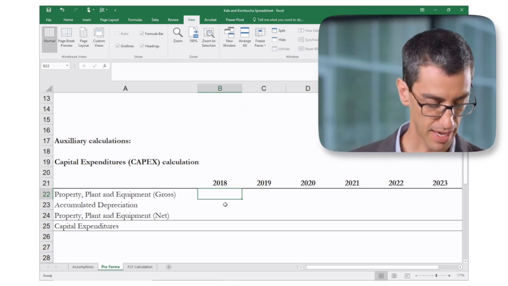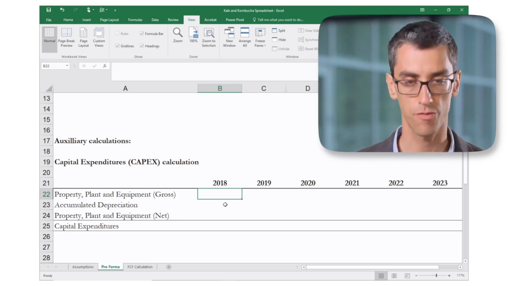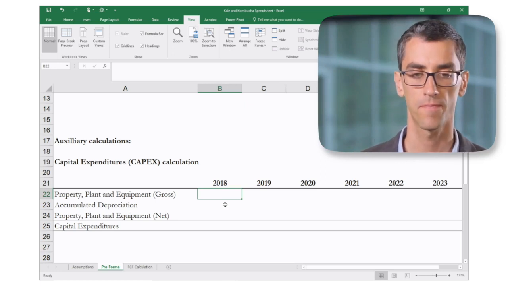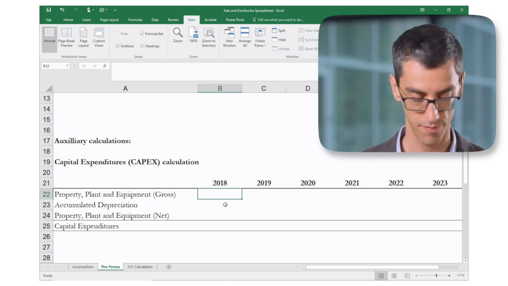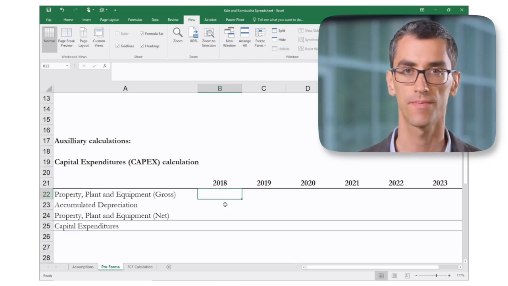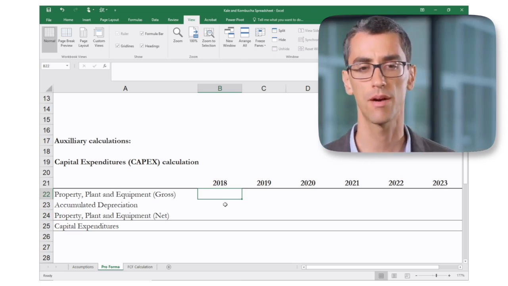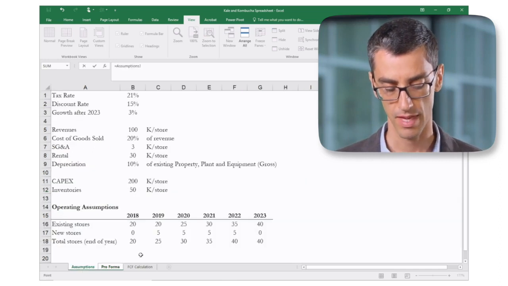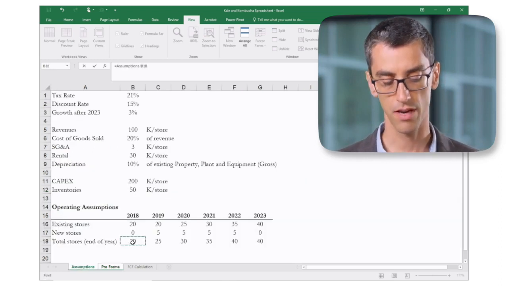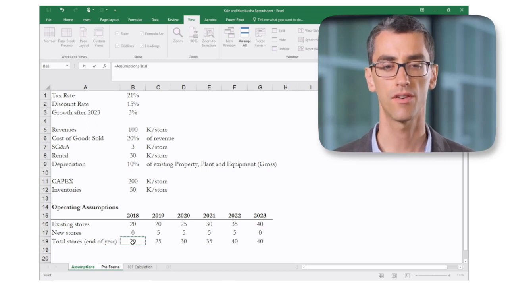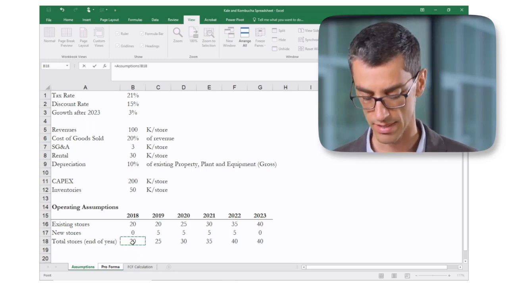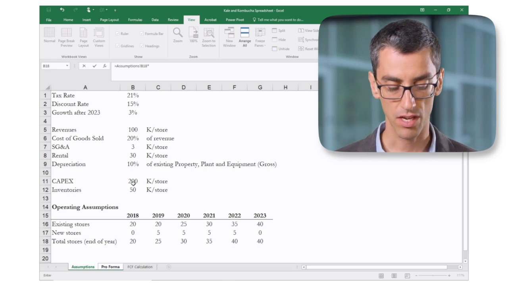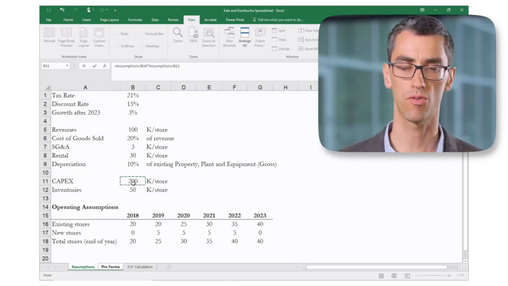So the case tells us that the gross amount of property, plant, and equipment at the end of 2018 is $4 million. Where does that $4 million come from? Well, the $4 million is the total amount of stores that I have at the end of the year times the amount that it cost me to build out those stores.